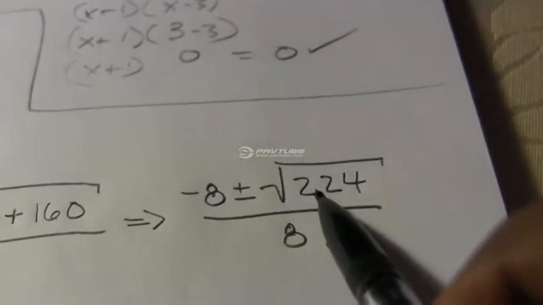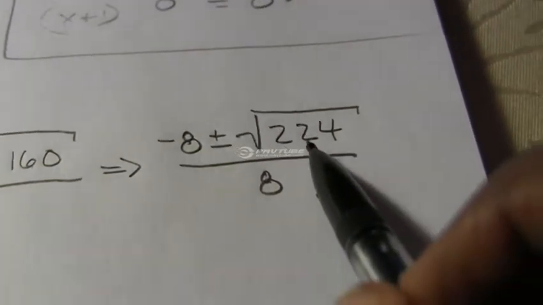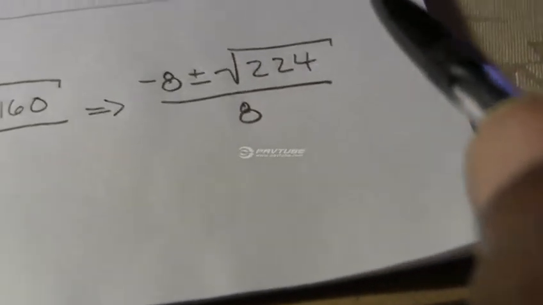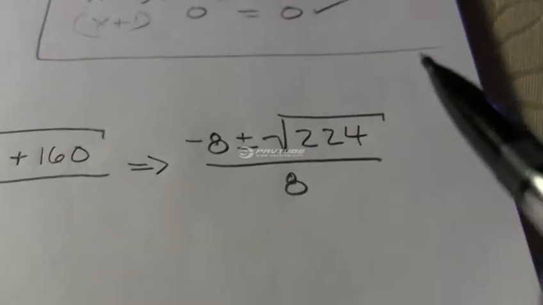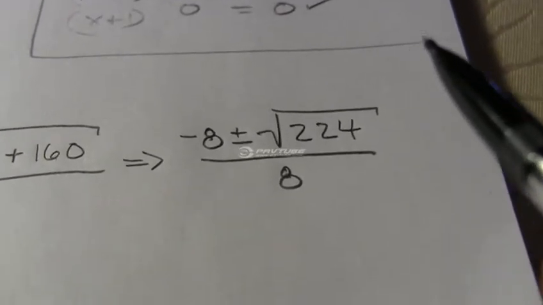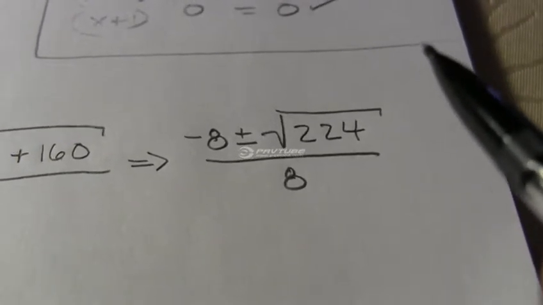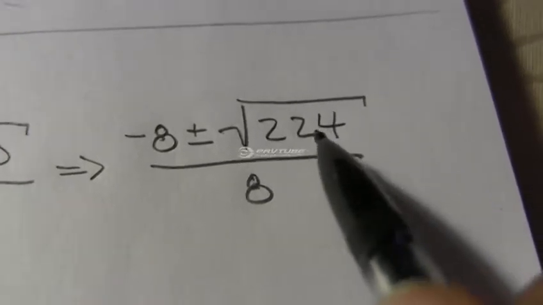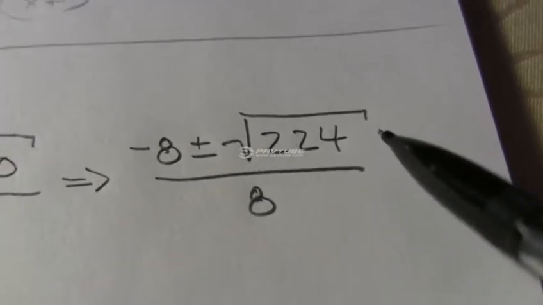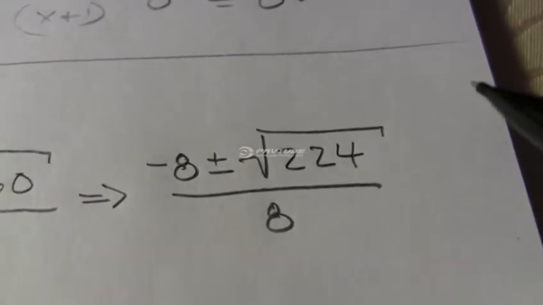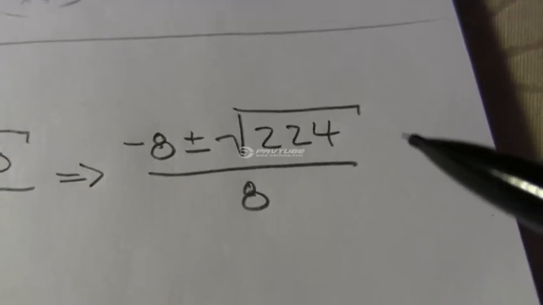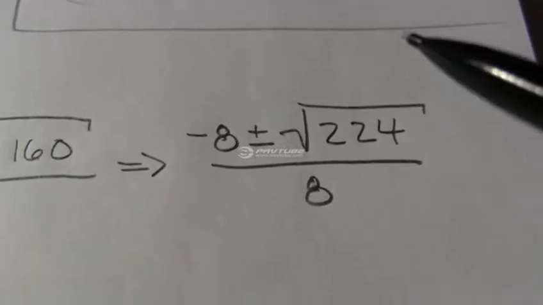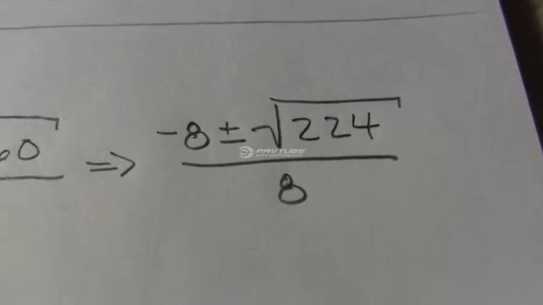So the square root of 224 isn't anything that I know offhand. It's not a round number. For example, the square root of 196 is 14. The square root of 225, I know, is 15. So it's somewhere between 14 and 15, probably much closer to 15, like 14.9 or something. But it's not a round number. It's nothing that you would know offhand.